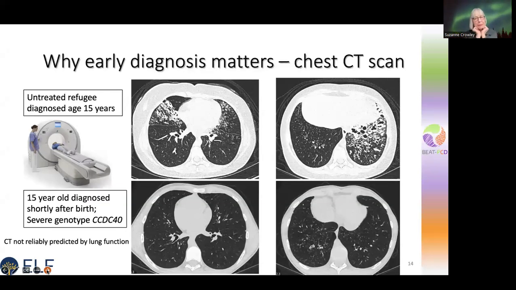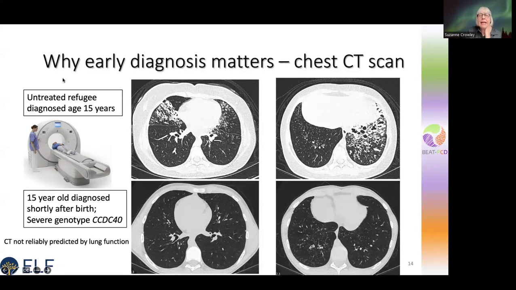Now, I've just put a couple of pictures of chest CT scans. For doctors looking after people with PCD, it's very important to know what the scans look like. But this is to show you why early diagnosis, and by inference, why early treatment is so important.